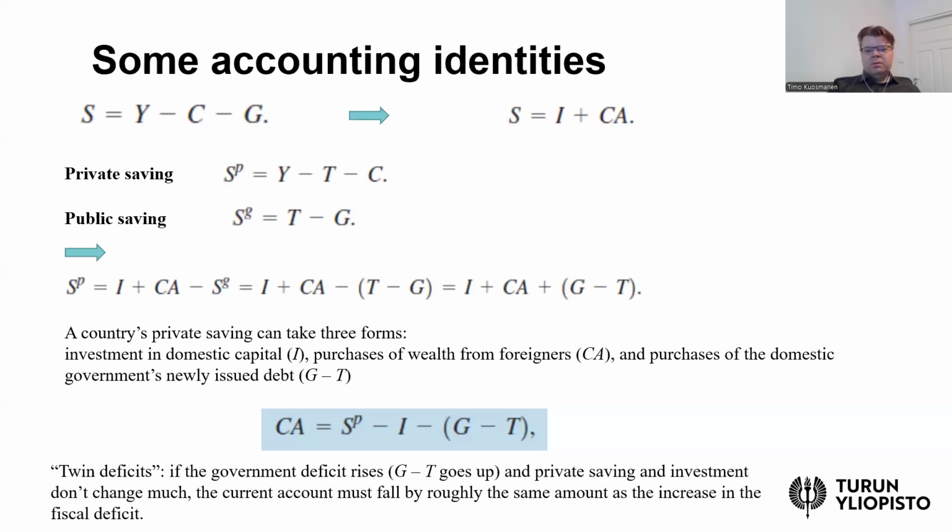The purpose of this decomposition is to highlight that the current account depends on many issues: private saving, investment, and also the government deficit.